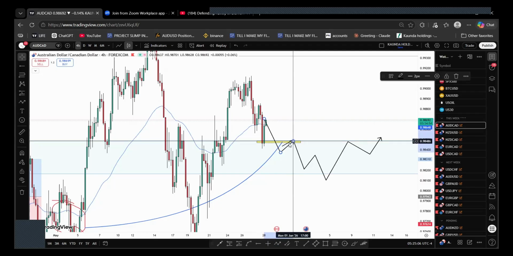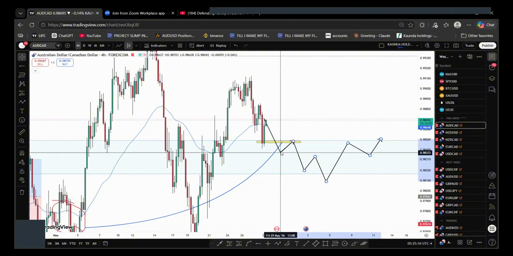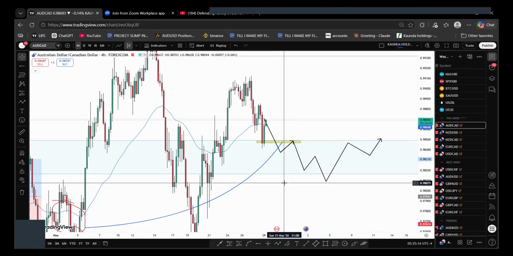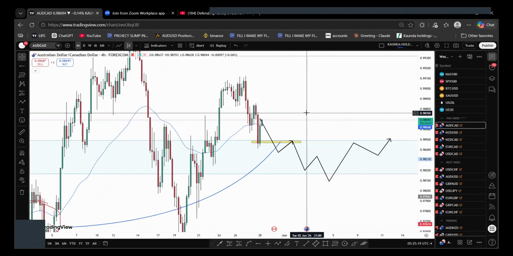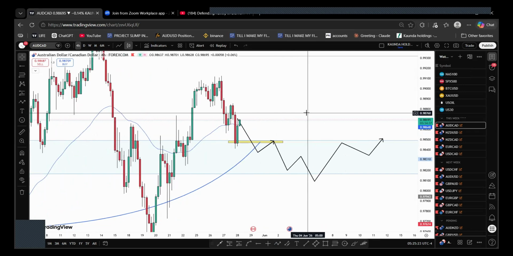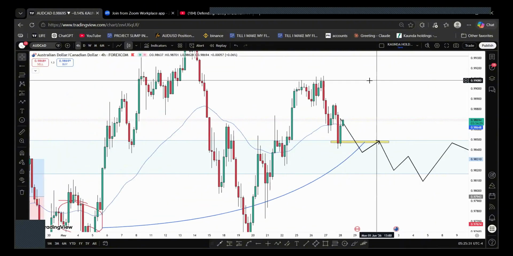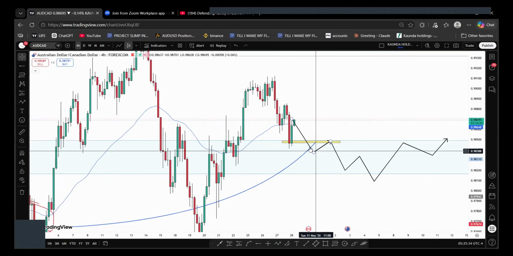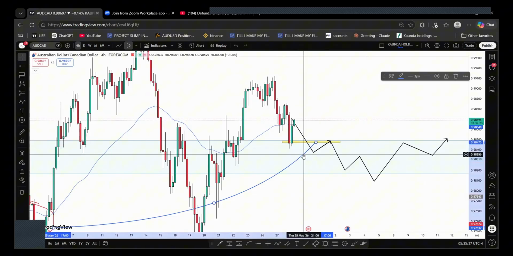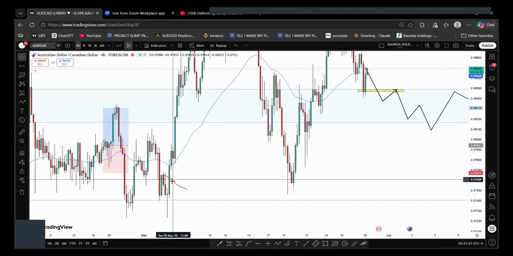But price seems to be having a new pullback. Okay, this is what we expected. So now market decided to go a different route, and this is still fine. We are still just going to wait for this to occur. If we don't get that kind of structure, we are doing nothing on the trades.